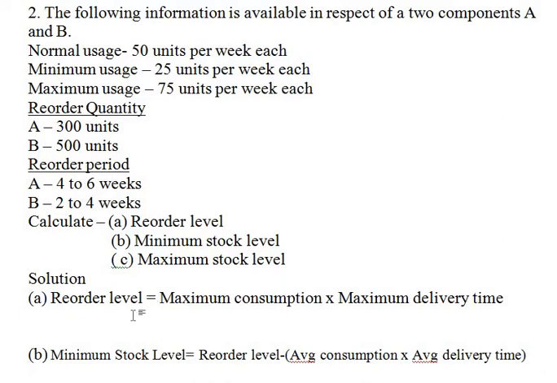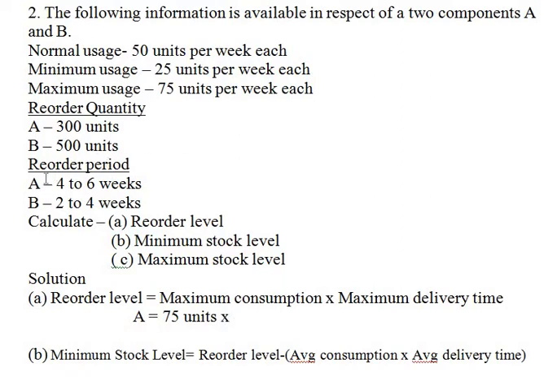So first we will calculate it for A. Now maximum consumption for A is how much? They have given 75 units per week each. It means it is 75 for A and 75 for B. So maximum usage, that is maximum consumption, is 75 units, into maximum delivery time.